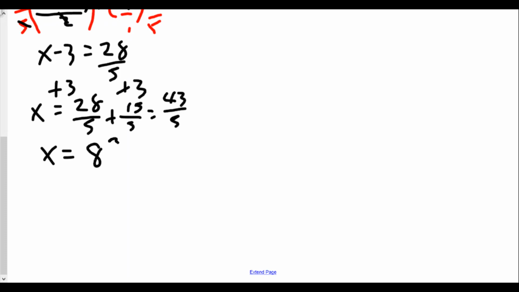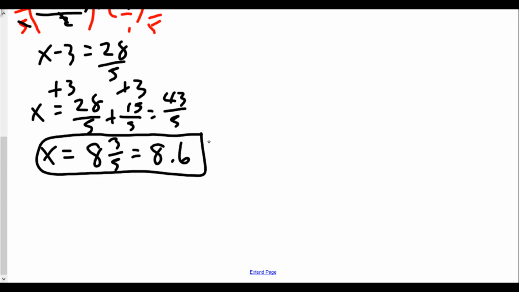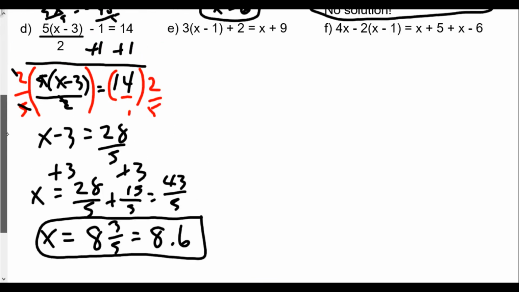So 8 and 3/5, or 8.6. So this would be the final answer you would have. I personally like leaving it in improper fraction form, but just in case, some individuals like to have it in a mixed number or decimal value.